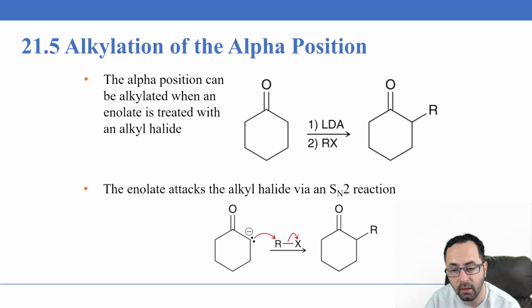And we discussed this in terms of esters, which gave us the so-called Claisen condensations. In our next lecture, we're going to talk about a variety of other synthetically useful reactions, starting with the alkylation, the addition of an alkyl group on the alpha position of a carbonyl.